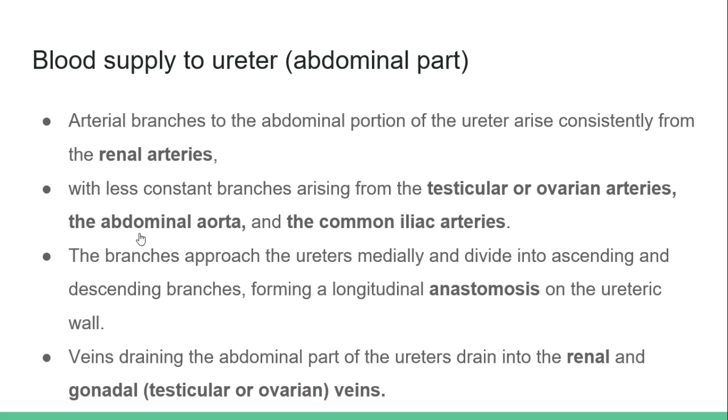The branches approach the ureters medially and divide into the ascending and descending branches, forming a longitudinal anastomosis on the ureteric walls. Veins draining the abdominal part of the ureter drain into the renal and the gonadal, testicular or ovarian veins.